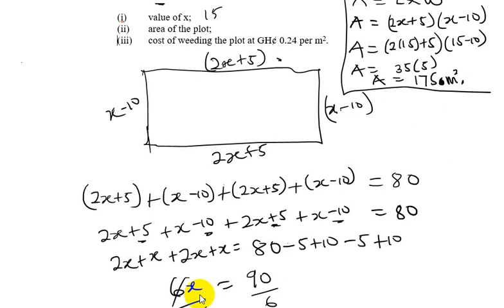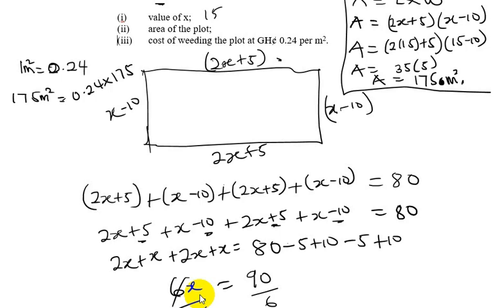So we know that 1 meter costs 0.24, so 175 meter square will be 0.24 multiplying 175.